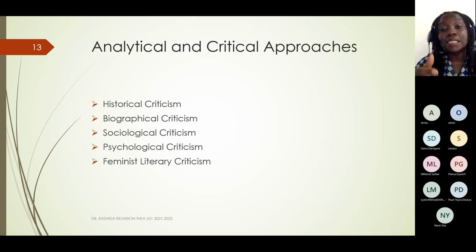You can also have a Marxist criticism. There are so many theories you can use to explain what your play is all about, depending on what you want to say. Okay, and most of these you will be doing in dramatic theory and criticism.